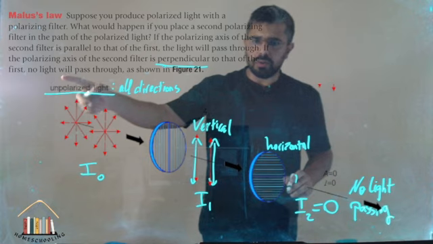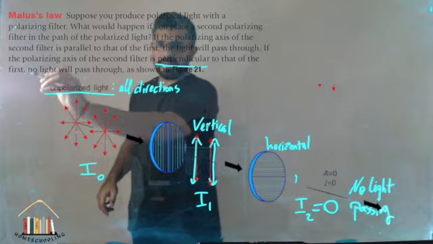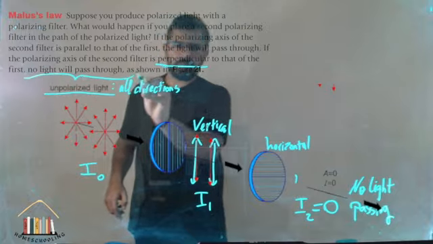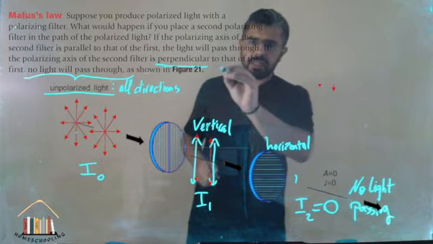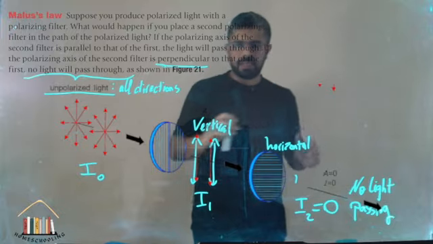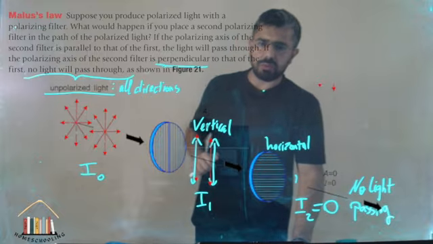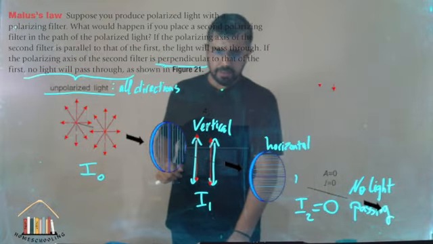No light will pass through. So that's the conclusion: if they are parallel to each other, light will pass; if they are perpendicular, the light is not allowed to go through the lens.